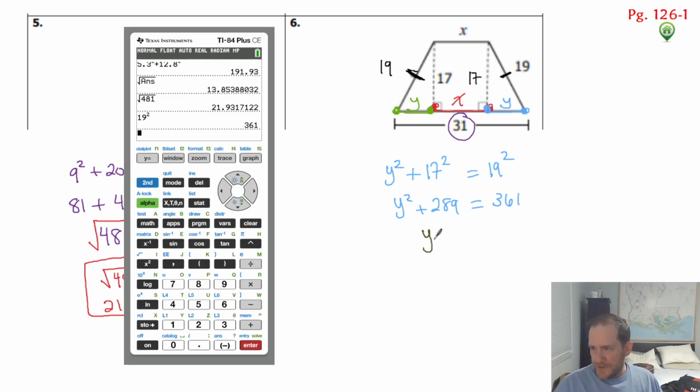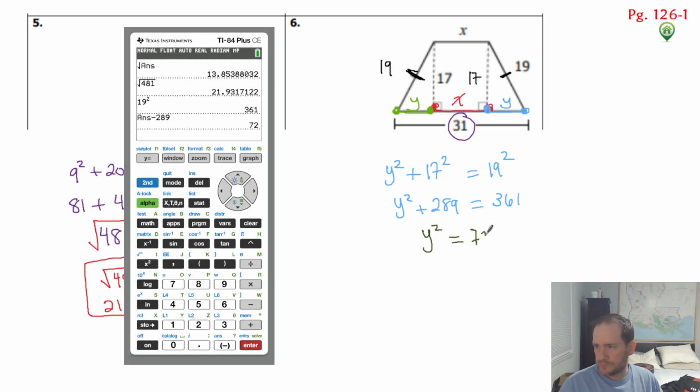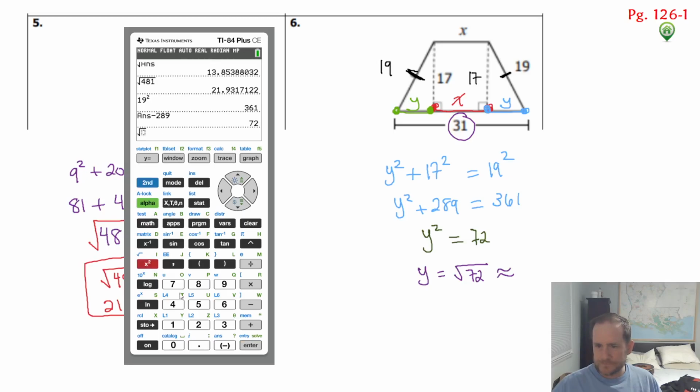So at this point, you'll subtract 289 from both sides, which the calculator tells me leaves only 72. So that means y is the square root of 72, and the square root of 72 is worth approximately 8.49.